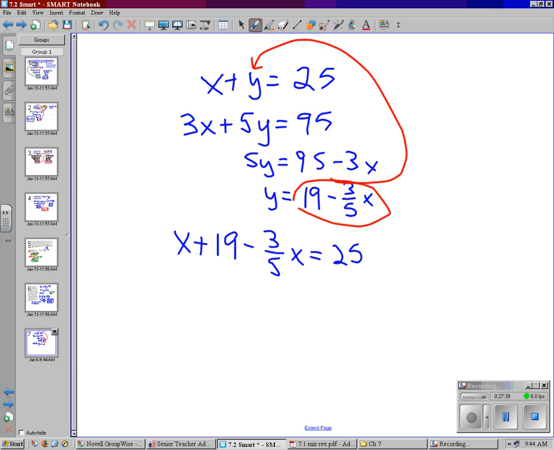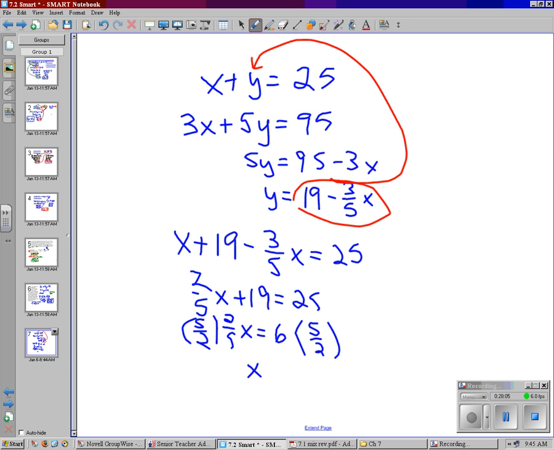What's 1X minus 3/5 X? 2/5 X. And then plus the 19 equals 25. Now I've got to get the 19 to the other side, which becomes 6. So I have 2/5 X equals 6. I have to multiply everything by 5/2, which is 30 divided by 2, which is 15.